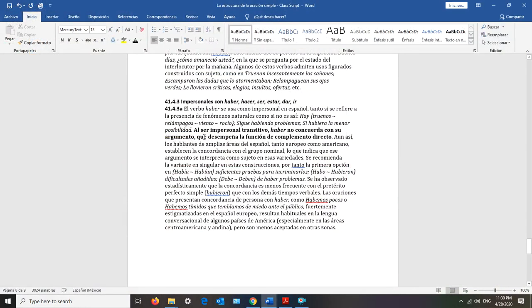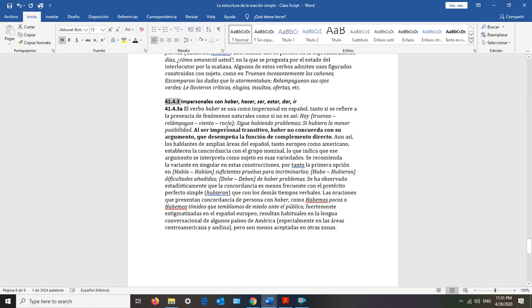in the manual, Nueva Gramática de la Lengua Española, de manual, point 41.4.3, in which RAE tackles en personales con haber, hacer, ser, estar, dar, ir, in particular subsection A, there, you have, el verbo haber se usa como impersonal en español, tanto si se refiere a la presencia de fenómenos naturales como si no es así.